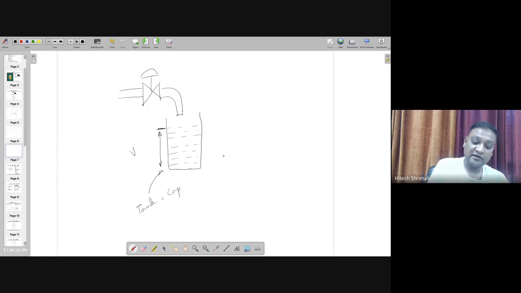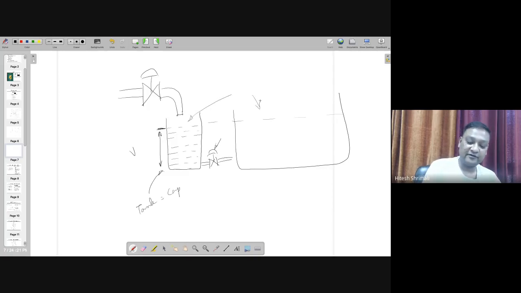Now, if I connect this to a big tank, what is going to happen if I release this valve? This particular level will be reduced, and you will see that both sides have a different level. So V1 is here and somewhere V1 is also here.